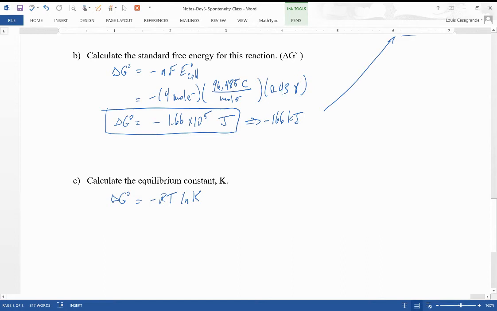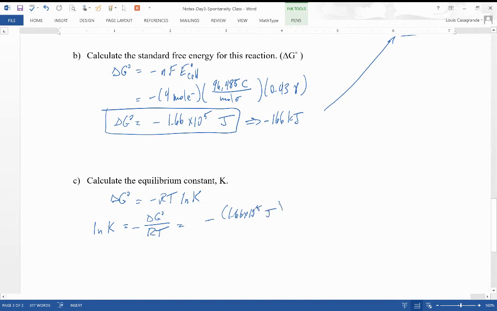So rearranging, we get that the natural log of K is equal to negative delta G naught over R times T. And plugging in our numbers, we have negative 1.66 times 10 to the fifth joules.